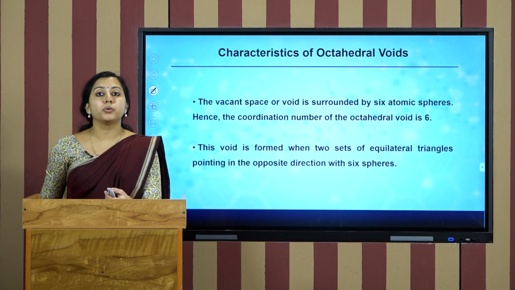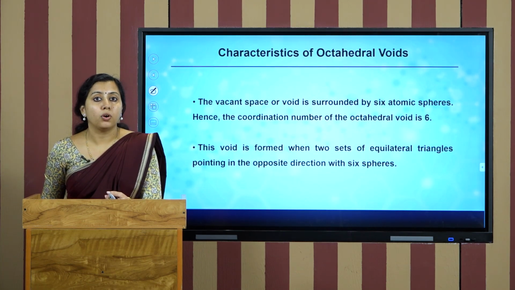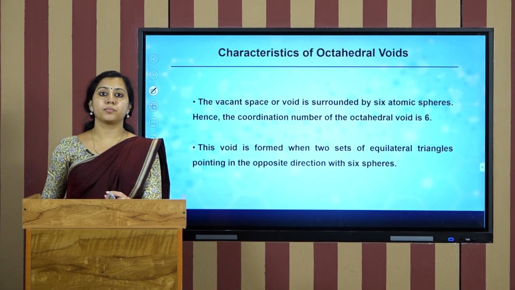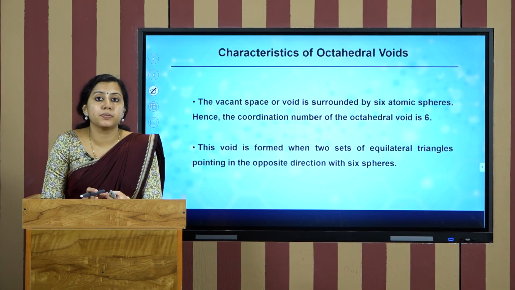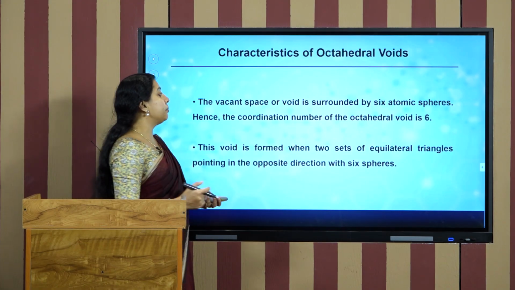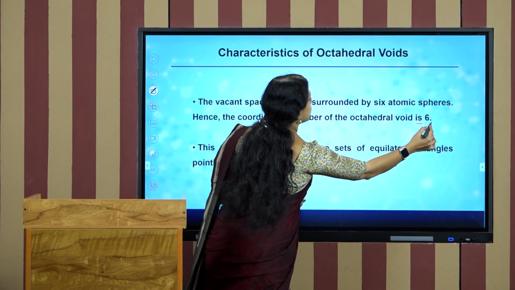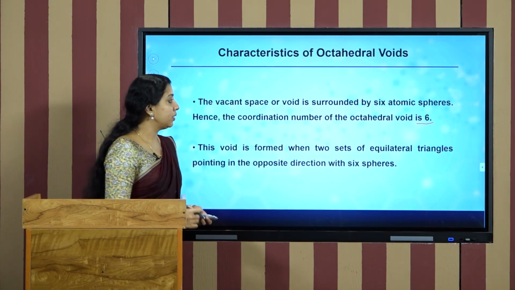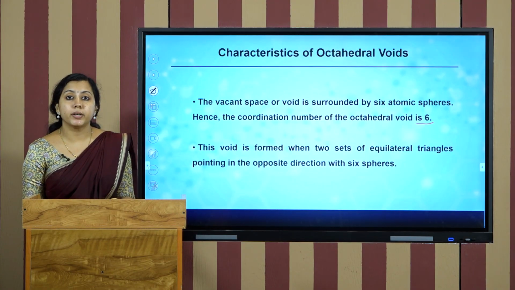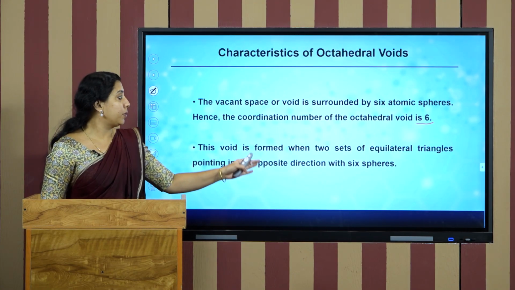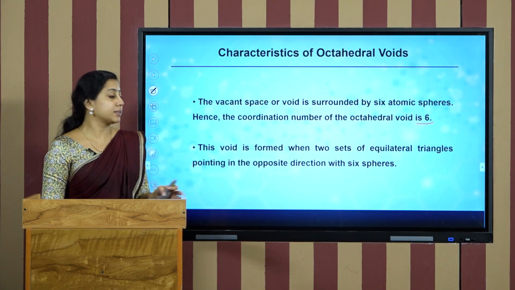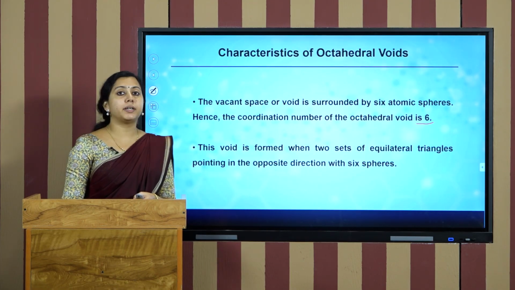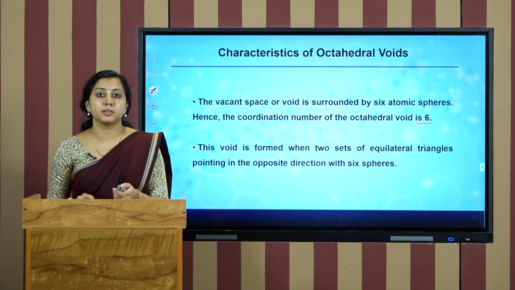Next, we will move on to the characteristics of octahedral voids. The vacant space or void is surrounded by 6 atomic spheres in an octahedral void, and hence the coordination number of the octahedral void is 6. And how is such an octahedral void formed? It is formed when 2 sets of equilateral triangles pointing in opposite directions come together with the 6 spheres.